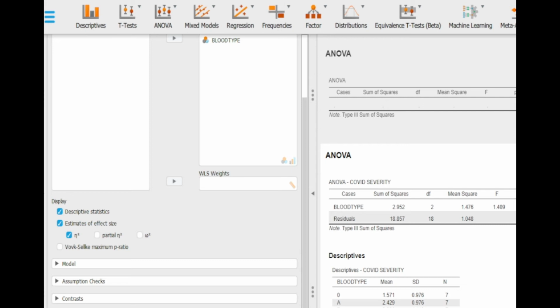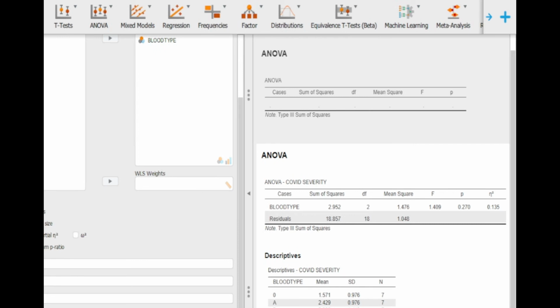As you can see here, our F is 1.409 or 1.4, a decimal difference only from our computation in the module. What is good is that it is still about 1.4. Then our p-value here is 0.270. Since it is greater than 0.05, it is not significant.